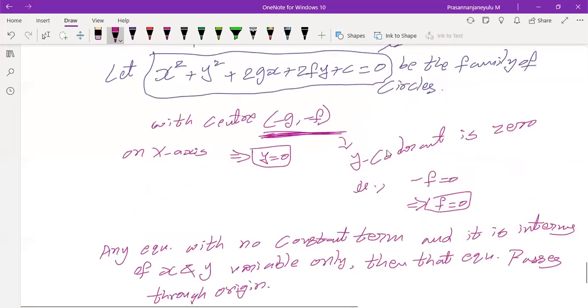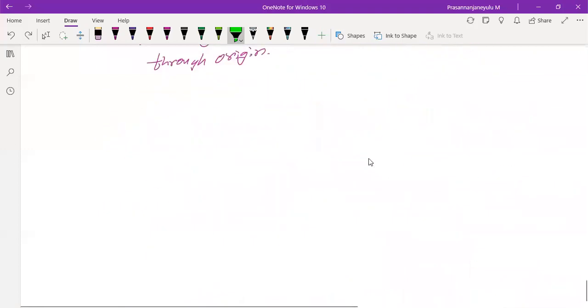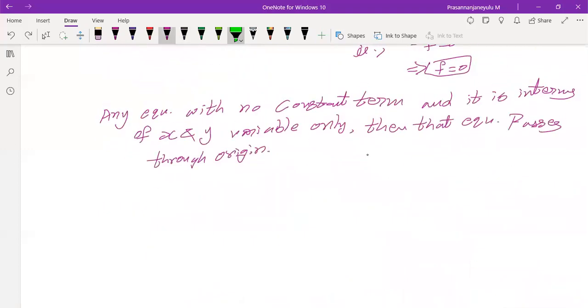In equation number 1, which is the constant term, which is not having x and y variables? X is available here, y is available here. What about the remaining c? c is not having x and y variables. So we can say clearly c equals 0.